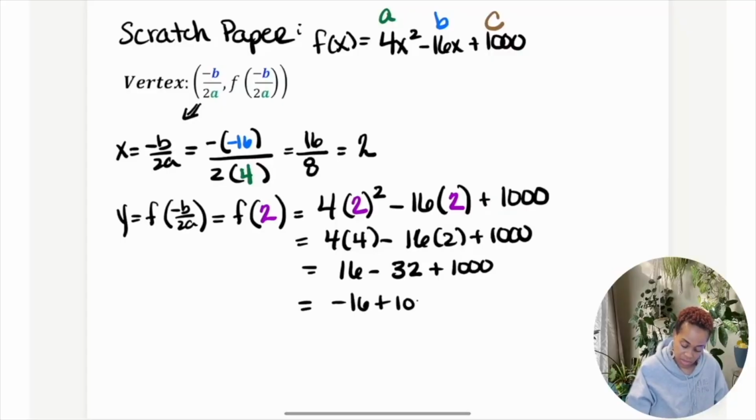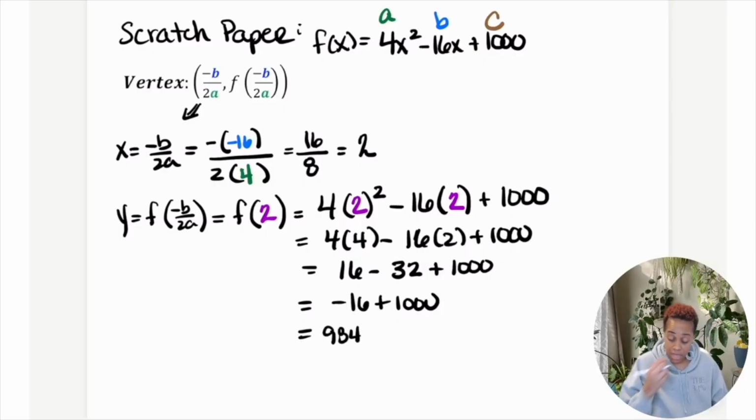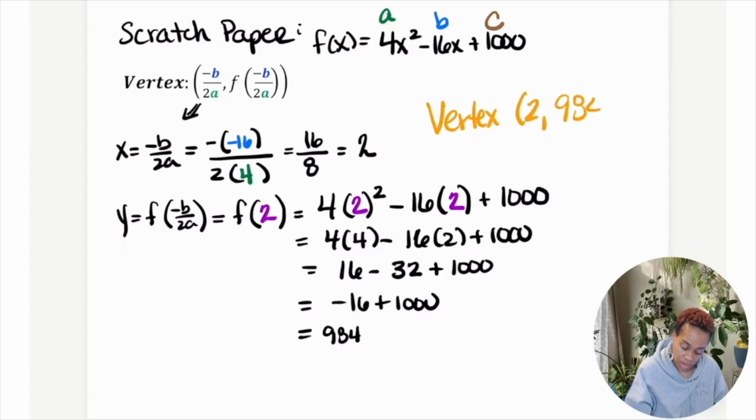Plus 1,000. And then a minus 16 plus 1,000, 984. Okay, so our vertex is the point 2, 984.